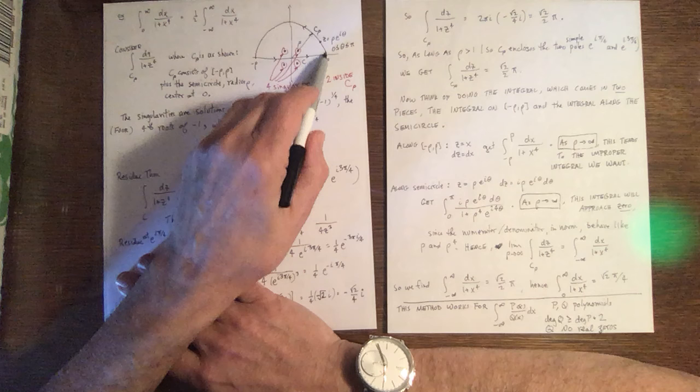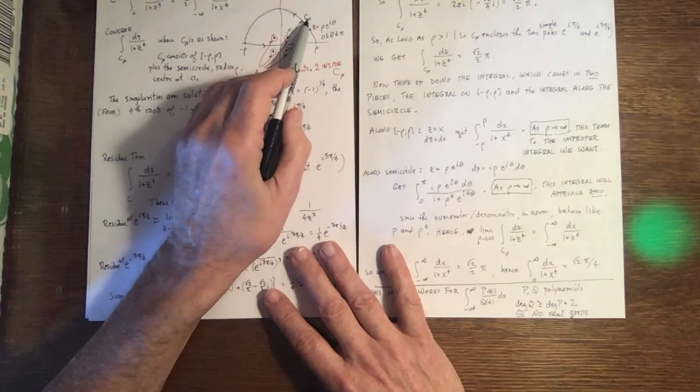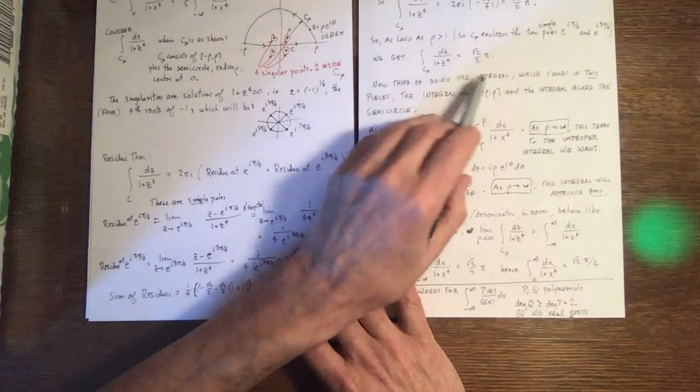But then as rho goes to infinity, that, of course, will go to 0. And so we never actually have to do this integral, because as we pass to the limit, it goes to 0. So where are we? The actual value of the line integral doesn't depend upon rho. As long as rho is bigger than 1, it's always the same.